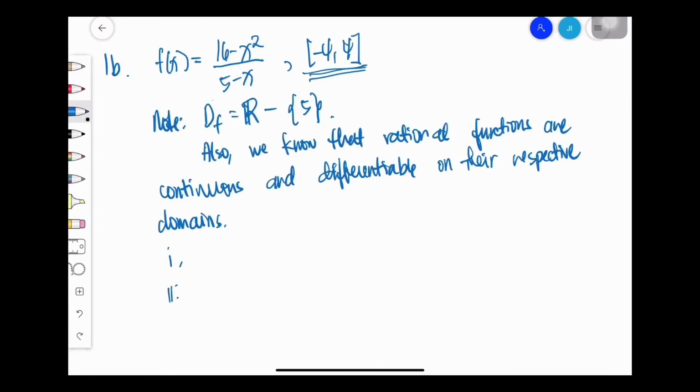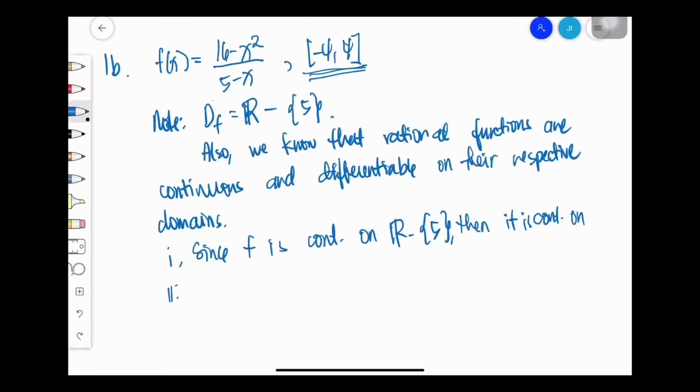You can say that since f is continuous on R minus the set containing 5, then it is continuous over the closed interval -4 to 4 as well.